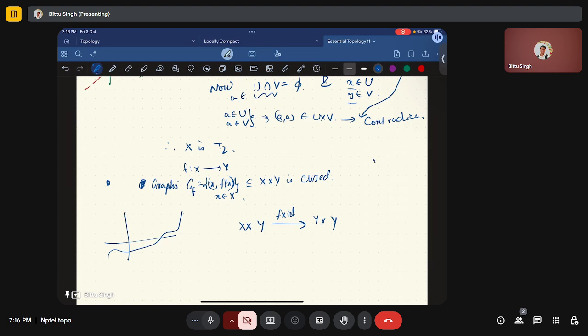Now let us see why the graph is closed. So f cross identity inverse. We have assumed Y is Hausdorff, and the product of Hausdorff spaces is Hausdorff.